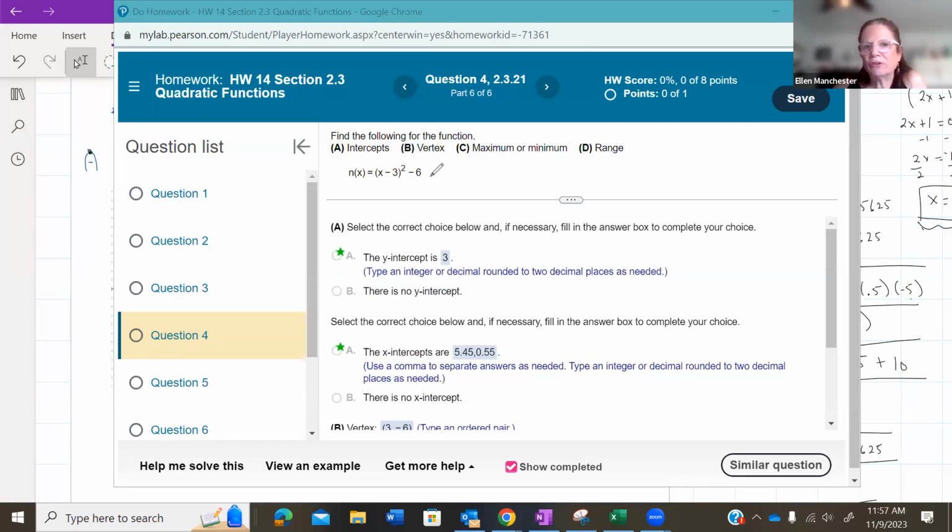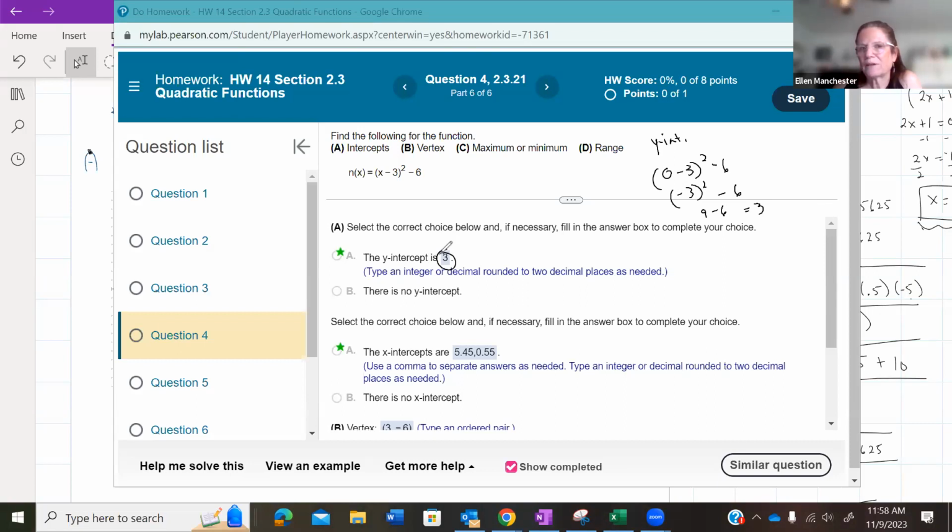Okay, so again, it's in vertex format. I'm looking for my Y-intercept. So I'm replacing the X with 0 and then calculating. So negative 3 squared minus 6 is 9 minus 6, which is 3, and there's my Y-intercept.